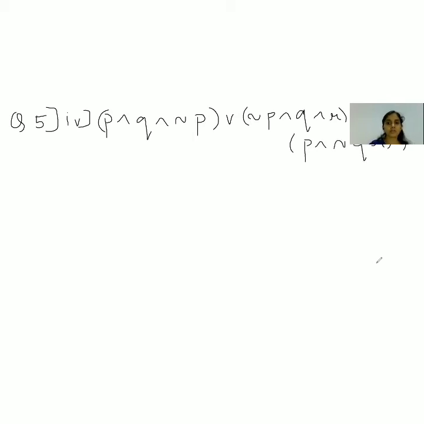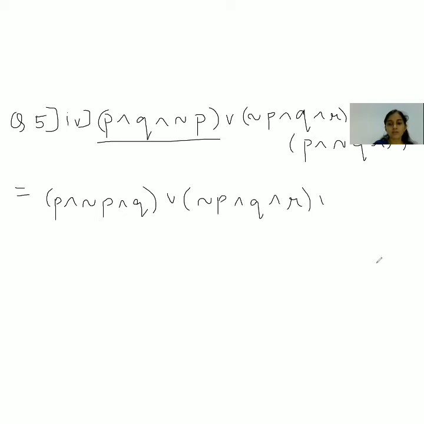Okay, so we'll take the first bracket. Now in the first bracket, we have P and negation P. So we'll write it together, P and negation P and Q. The remaining brackets as it is, negation P and Q and R, or P and negation Q and R. Now P and negation P is complement law.